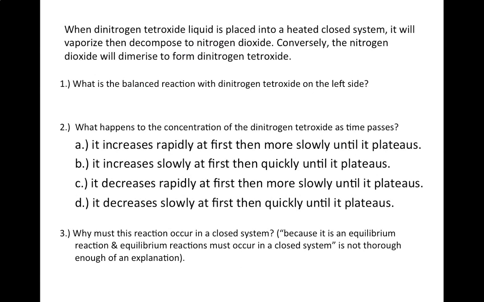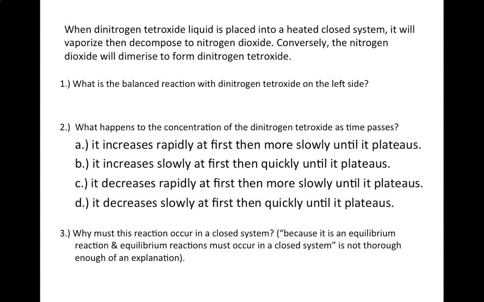So let's look at this. When dinitrogen tetroxide liquid is placed into a heated closed system, it will vaporize, then decompose into nitrogen dioxide. Conversely, the nitrogen dioxide will dimerize, that means it's going to take two and go together to form dinitrogen tetroxide.